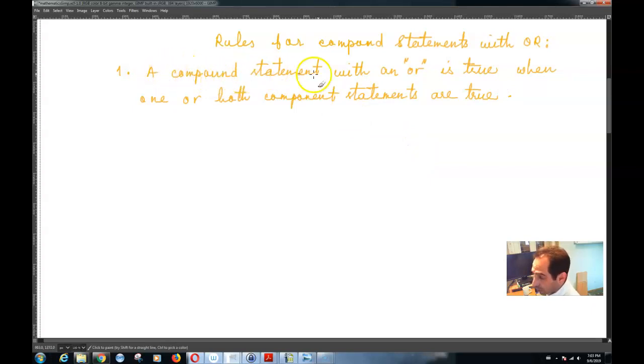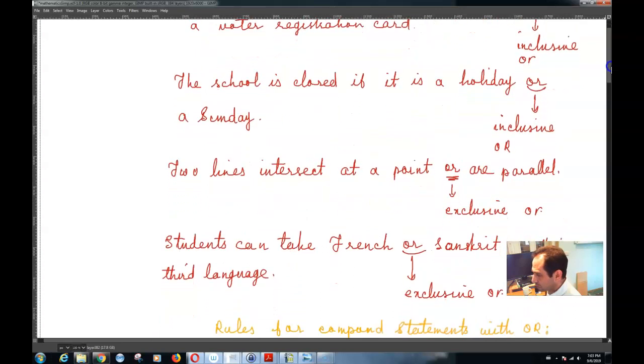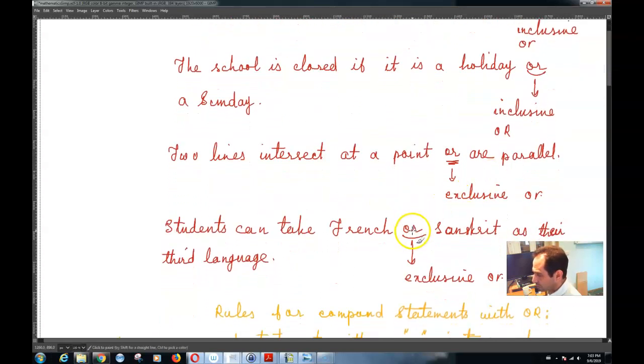So it says that the compound statement with an OR is true when one component statement is true or both component statements are true. Meaning that, for example, in the case of these examples over here we said that the student can take French as their third language or Sanskrit as their third language. So one of them is true, right?